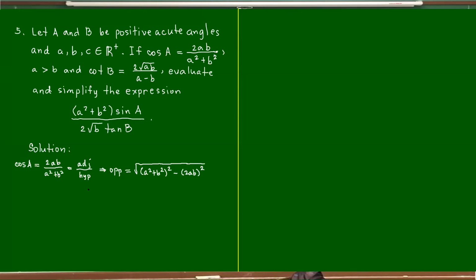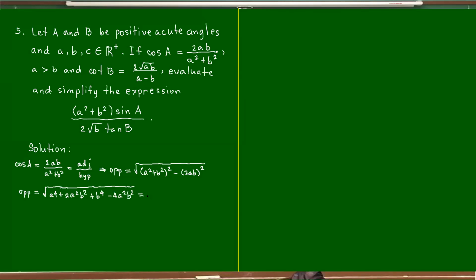So simplifying this, guys, opposite equals square root of, we have to expand this binomial quantity squared. So that is A to the fourth plus 2A squared B squared plus B to the fourth minus 4A squared B squared.